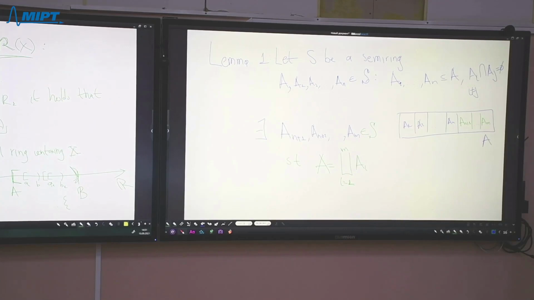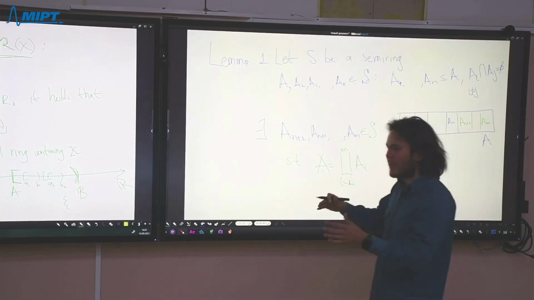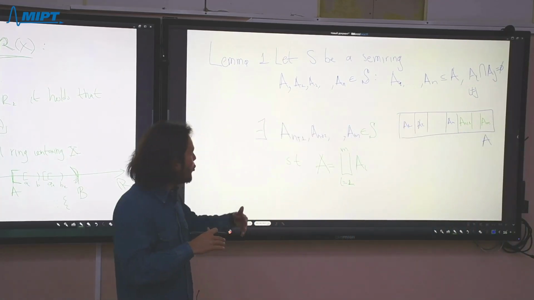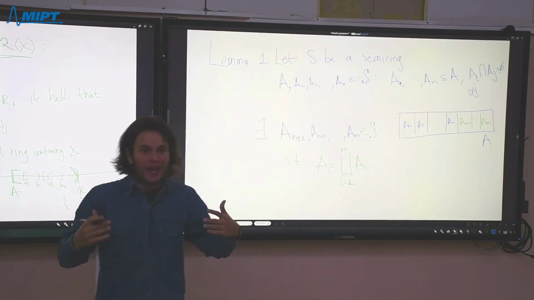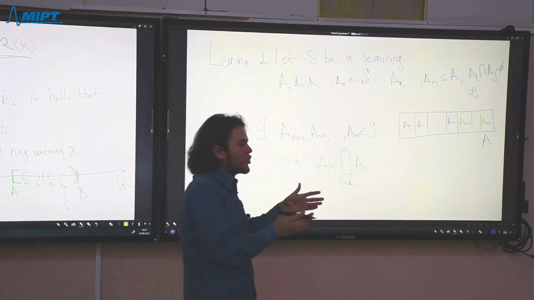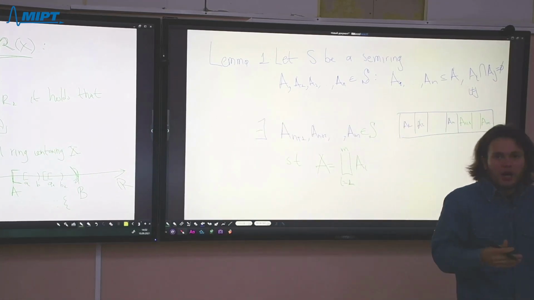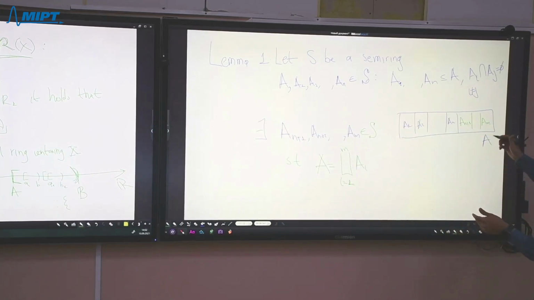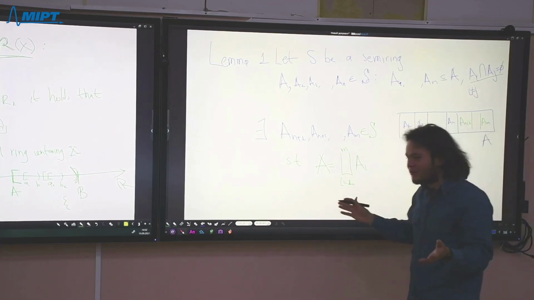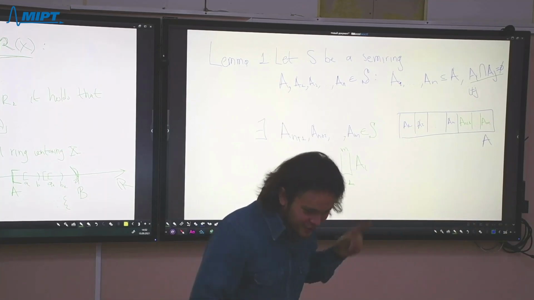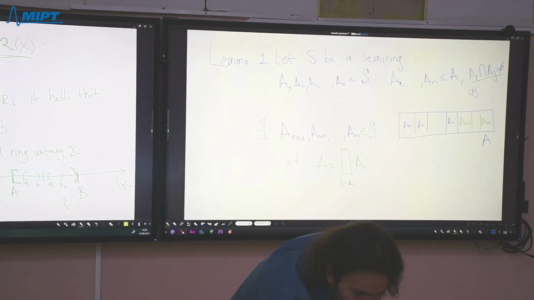So every time we have some set A and we have some subsets of A and all of them are elements of S, then we can get a collection of sets which don't intersect, and the union of all of it is going to give us A. This is quite simple, but it's very useful. You will see why.